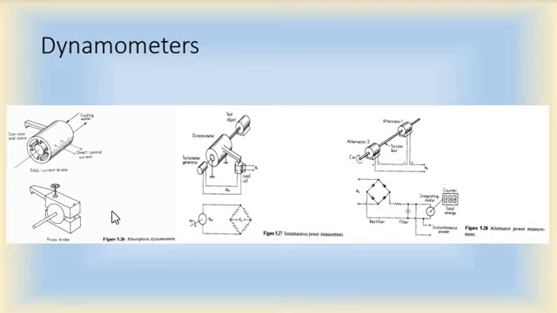There are also other types of brakes, air and water brakes, which work on the basis of fluid friction. The eddy current brake is easily controllable by varying the DC input. This is the DC control; the current control is given here, and this eddy current brake has a DC input.